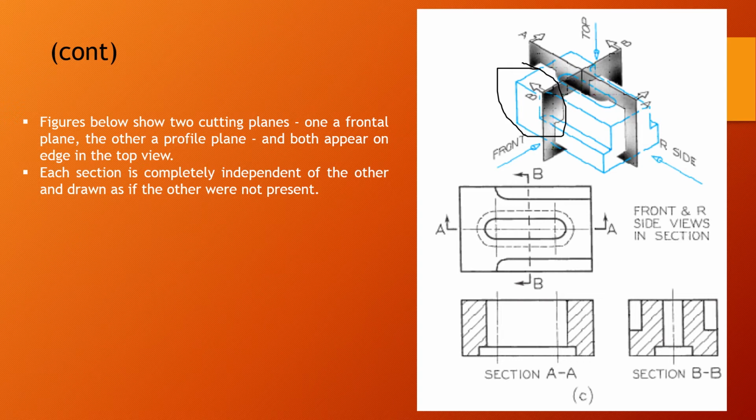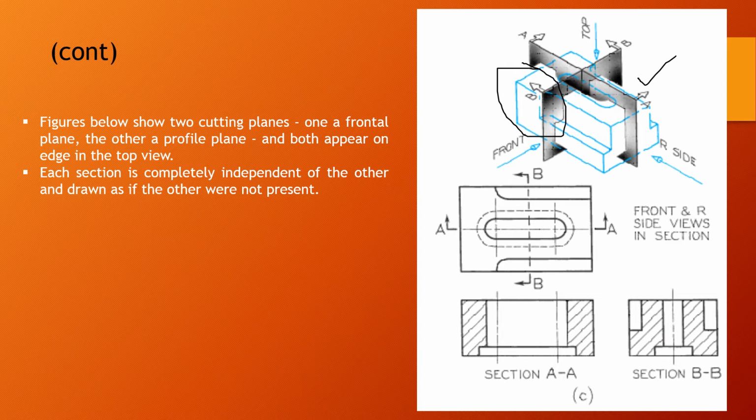When we are cutting, that is this shape. If we cut in this side, look to this arrow, and this arrow is pointing to the right side. The arrow is here, you can see it, and the A view arrow tells us we have to look at the section view to this side. The view is given here: the front and the right side views in section.